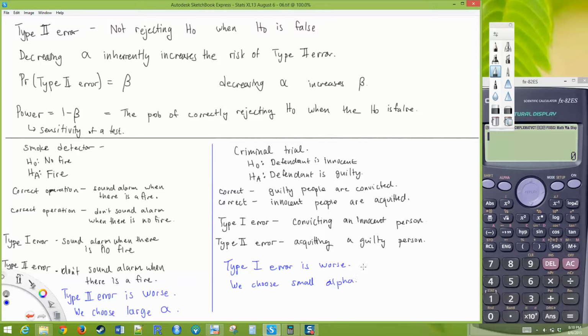Okay, and they actually tell you this in the courtroom. They don't actually say use a small alpha, but what do they say? Beyond a reasonable doubt. Beyond a reasonable doubt, okay? Because they don't want you to just convict someone because you've got a hunch or a feeling or a suspicion. They want you to be certain beyond a reasonable doubt.